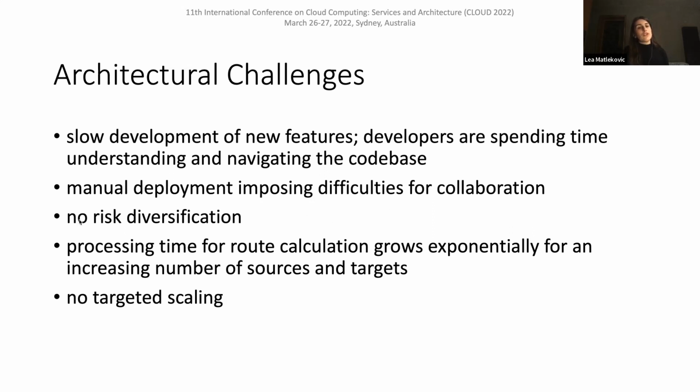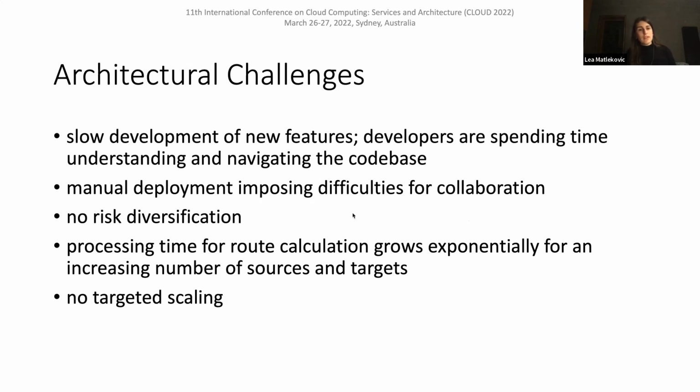Also, the application provided no risk diversification, meaning that any failure in just one part of the system will bring the whole system down, and nothing would work. We would not be able to see the web interface and calculate routes.